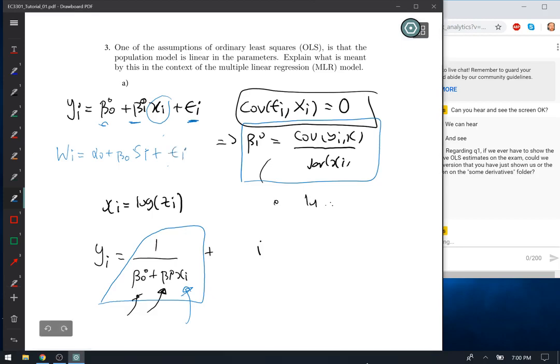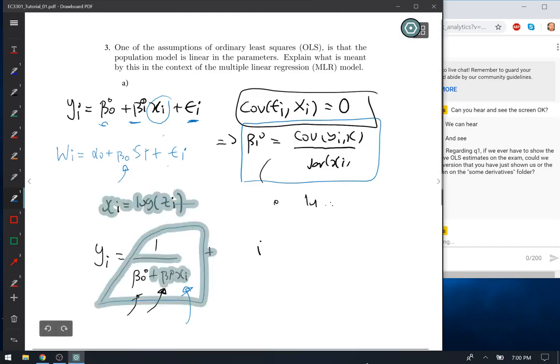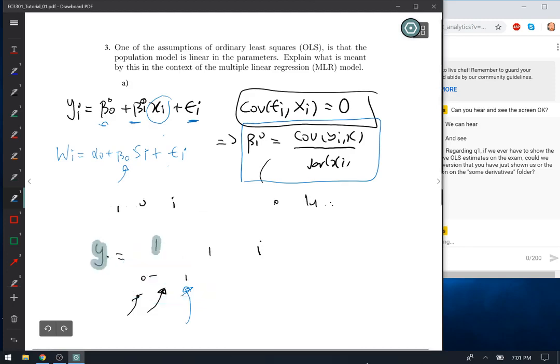Well, it all comes down to the exogeneity condition. Another way of thinking about it is that the exogeneity condition assumes that at the population level, the covariance of this unobservable and X is naught. And you can choose a B0 that's consistent with that by just plugging it in.